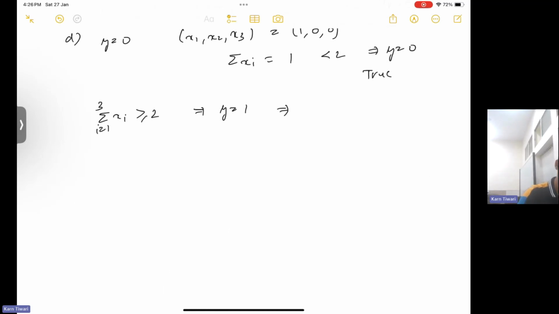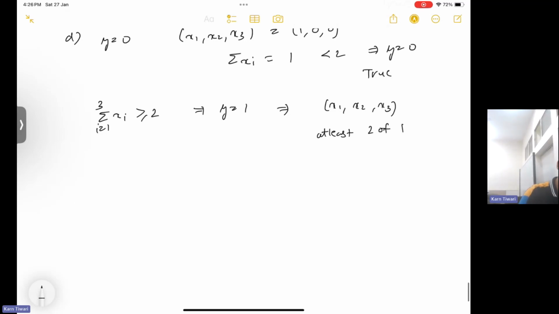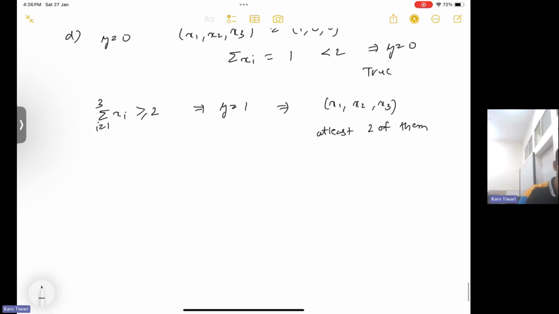Which implies that at least two of x1, x2, x3 should be on. On means 1. If you remember this point, you can directly solve the problem.